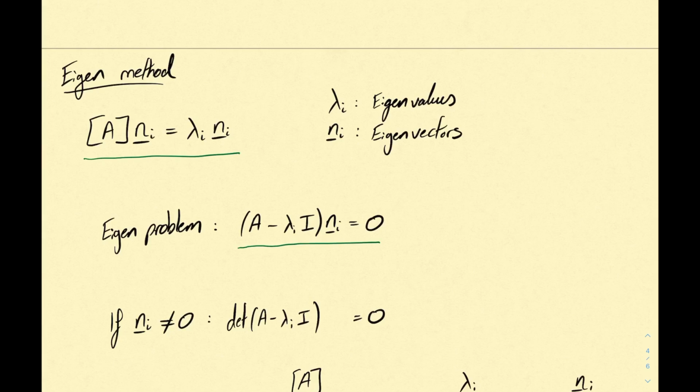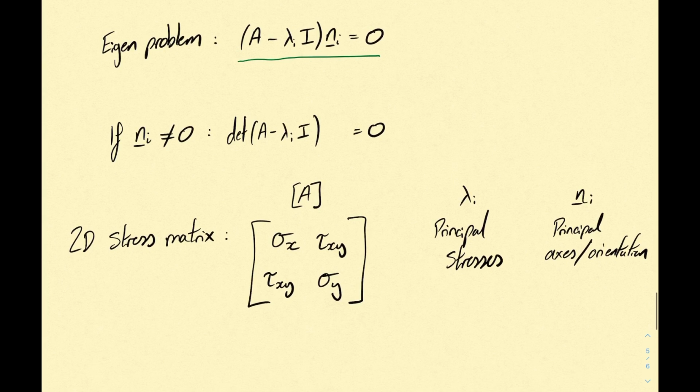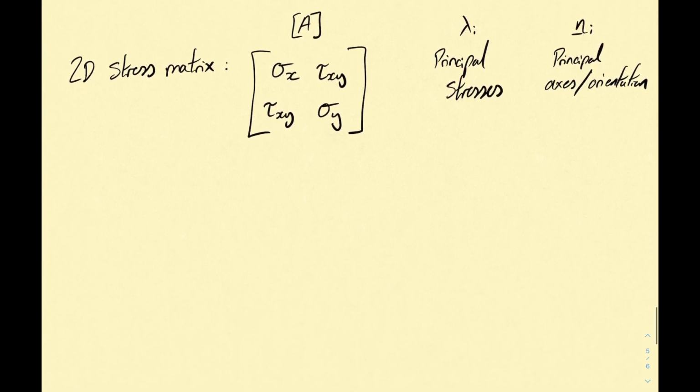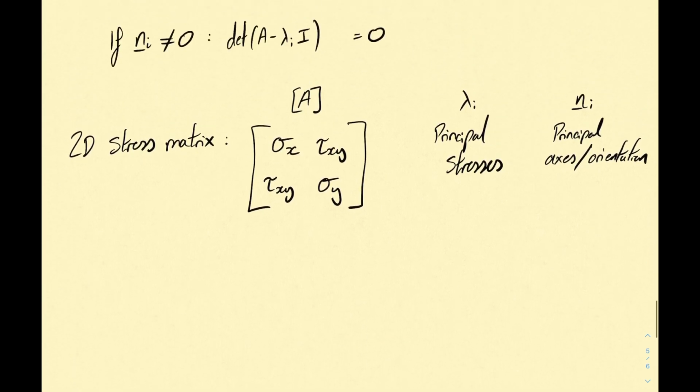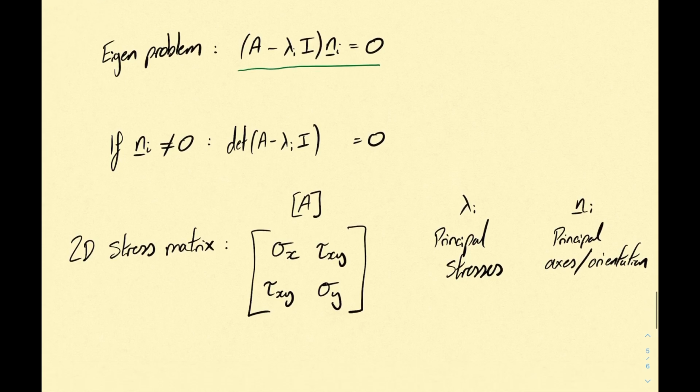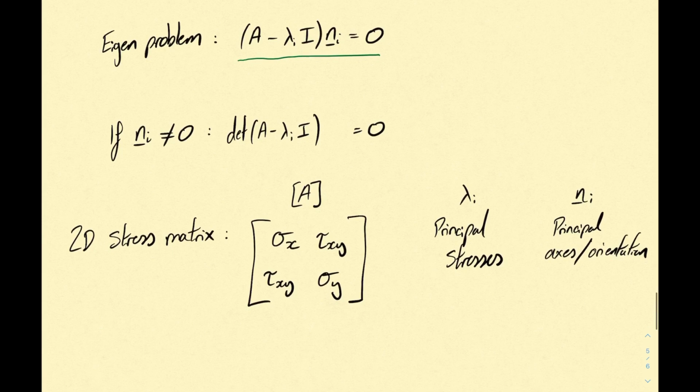How does that apply to our Mohr's circle and finding out principal stresses and things like that? Well, you can refer to those terms in the eigenvalue problem, so things like A, lambda, and n, in terms of what we have in our continuum mechanics scenario.